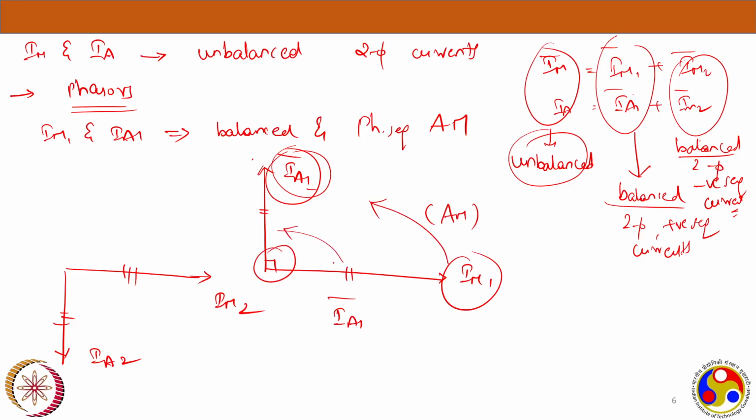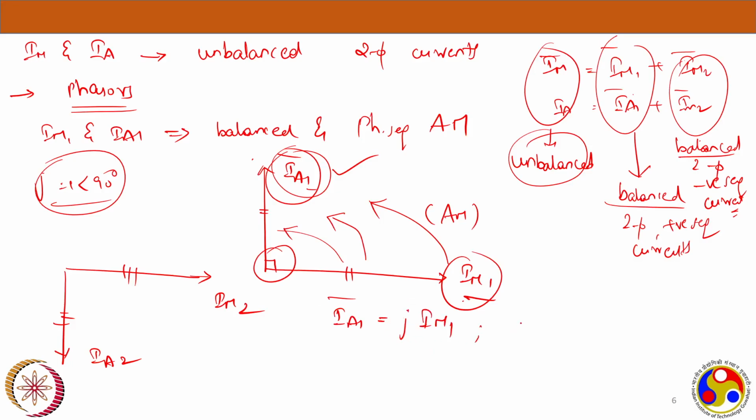You can take the projection of IM1 onto IA1; you just have to rotate it. In the complex plane, if you multiply your term by j, which is one at an angle of 90, it means you are giving a 90 degree rotation to it. So if you give a 90 degree rotation to IM1, it will definitely be IA1. So IA1 is nothing but j times IM1. This is a 90 degree rotation.